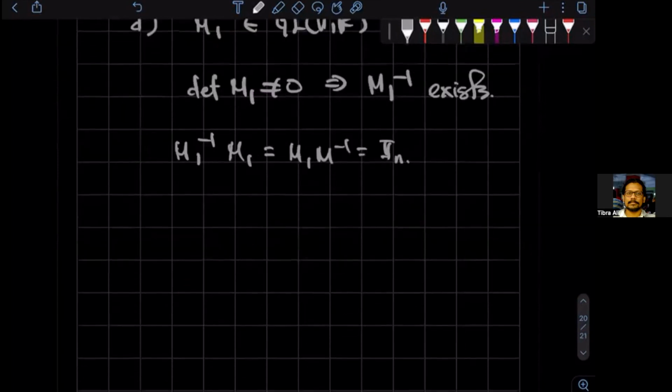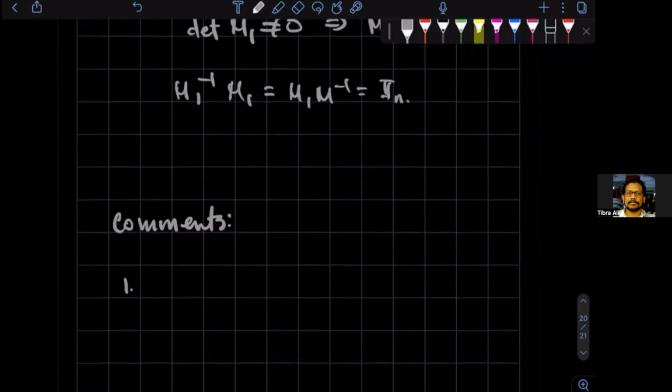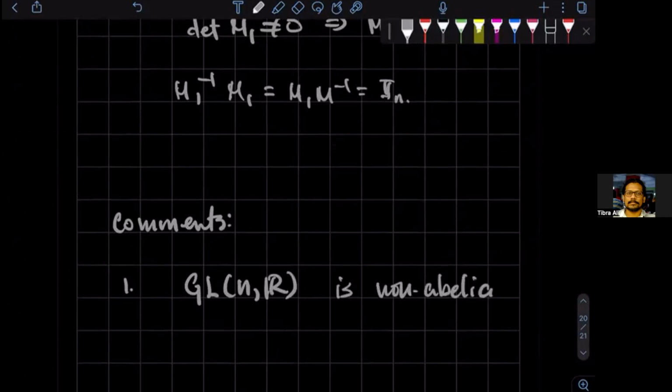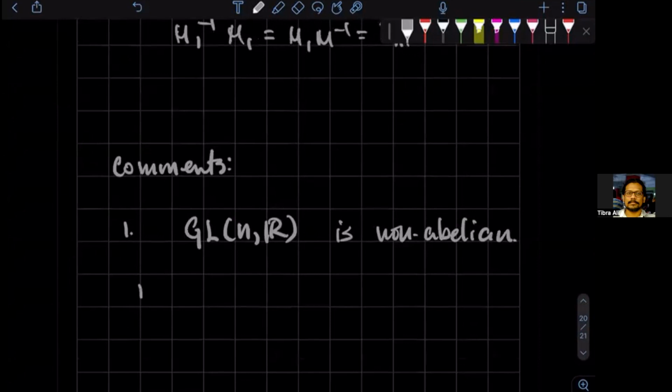Okay, so let's make some comments. Number one is GLnR is non-abelian, right? Because matrix multiplication is non-abelian.